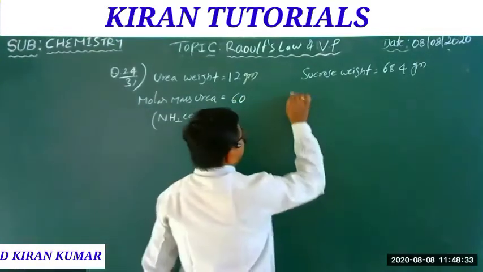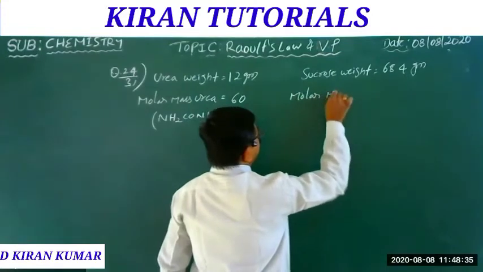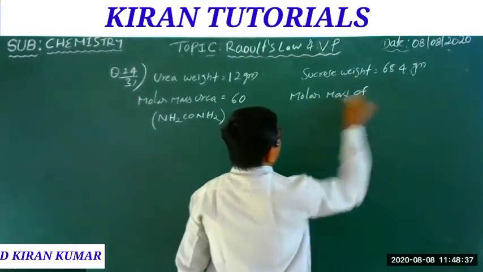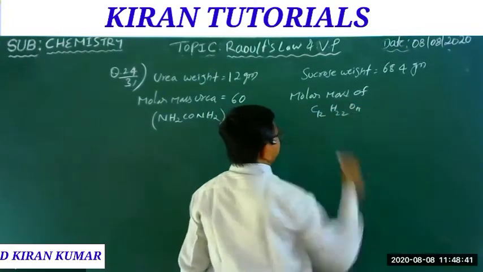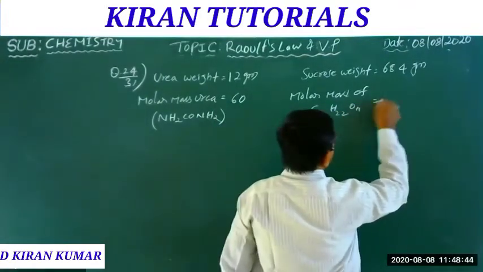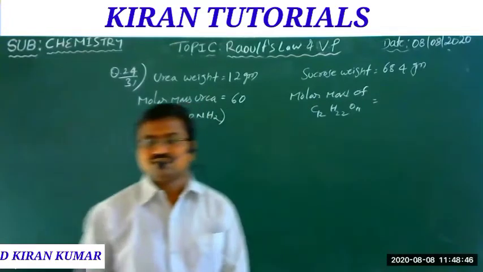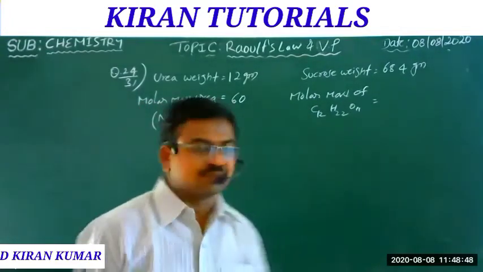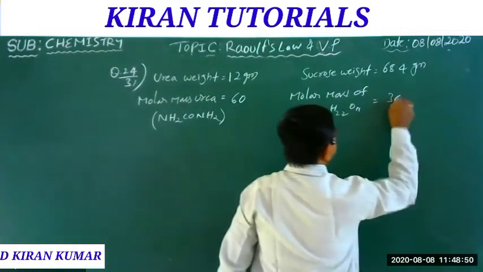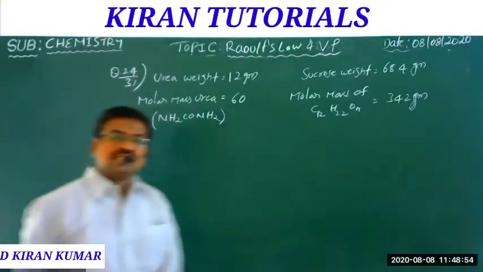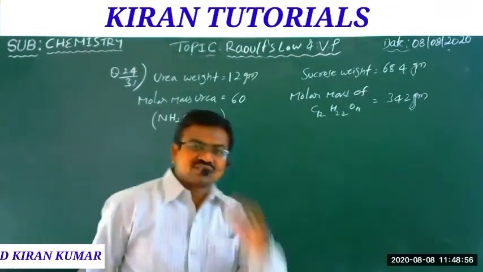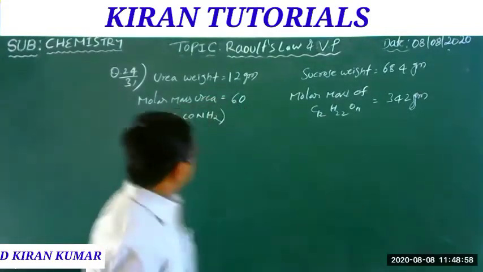Here, molar mass of sucrose, C12H22O11. What is the molar mass? 342 grams. Then number of moles.